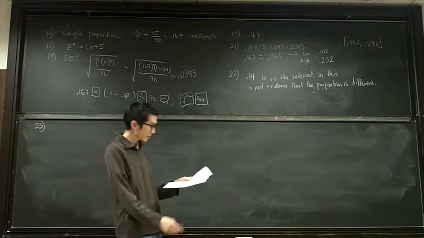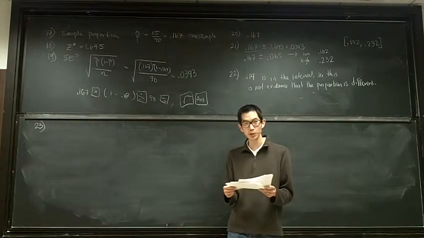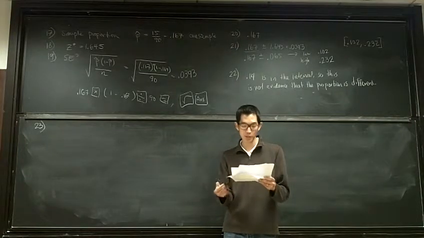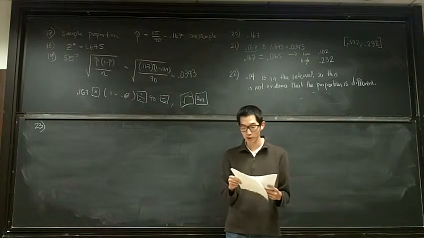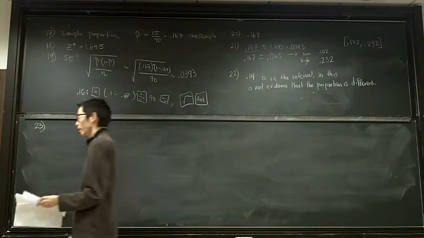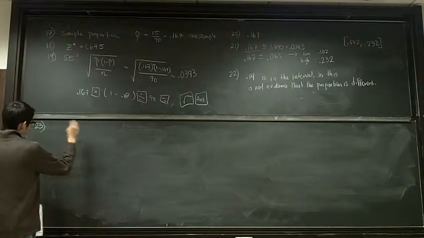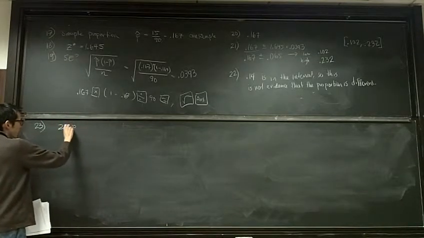Okay, so it says for a hypothesis test, are we dealing with proportions or means? Proportions. And do we have one sample or two samples? I've got two samples. So what are my hypotheses for a hypothesis test for two sample proportions?